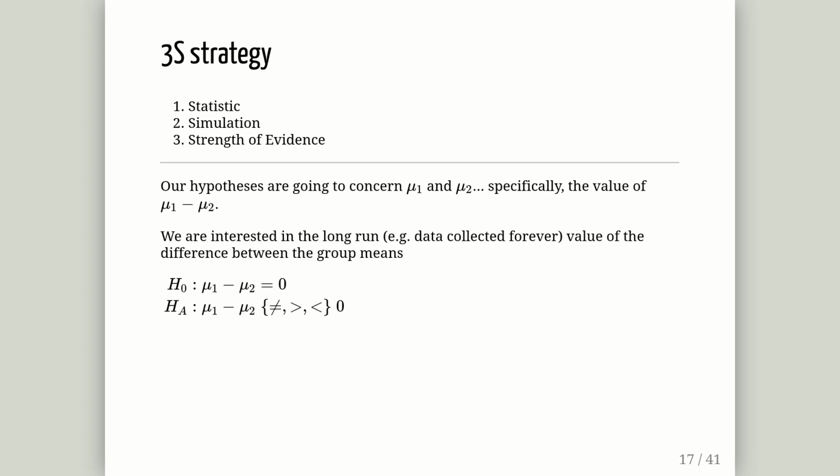But either way, our null hypothesis is going to be that the two groups are the same, which can be written mu1 equals mu2, or equivalently as mu1 minus mu2 equals 0. The alternative is along the lines of mu1 minus mu2 is not equal to, greater than, or less than 0.